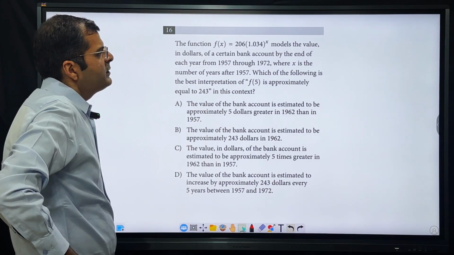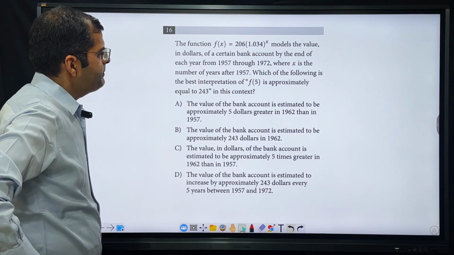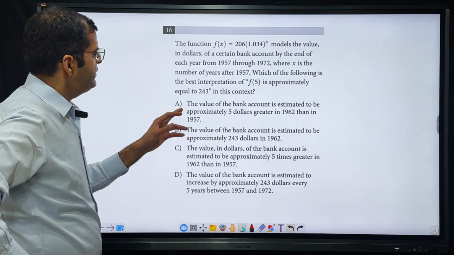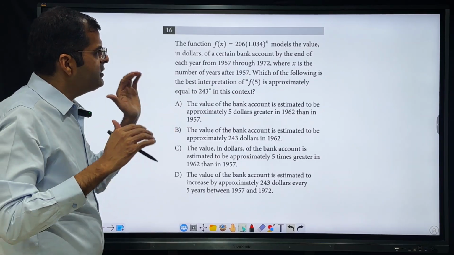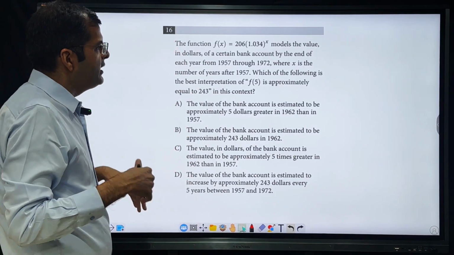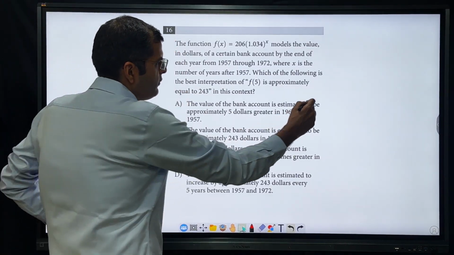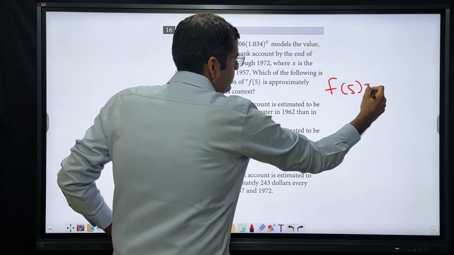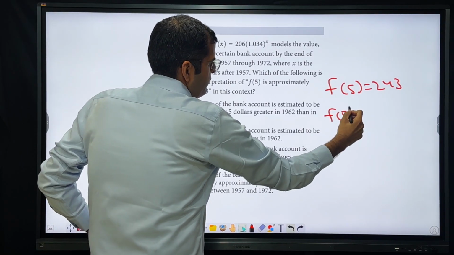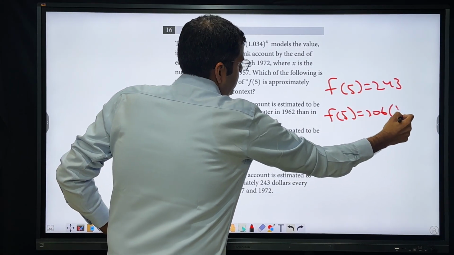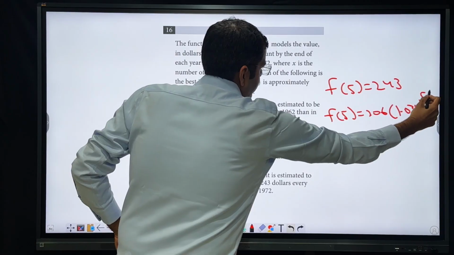Which of the following best interprets f of 5 is approximately equal to 243 in this context? Before moving into the options, I'll understand what f of 5 equal to 243 means. So what is f of 5? f of 5 will be 206 into 1.034 raised to 5.